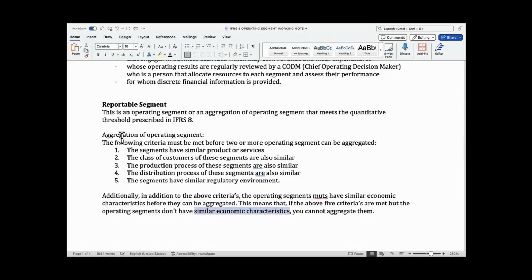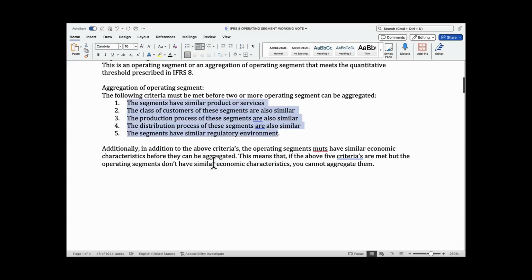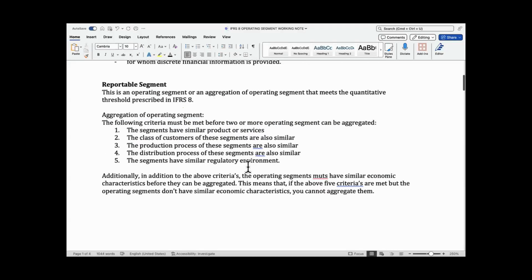These 5 are important, but we expect that they should operate in the same environment. They should be aligned in terms of profitability, performance, inflation, and the risk and opportunity that they face as an organization. They have to be aligned. So they need to have similar economic characteristics first. If their economic characteristics are dissimilar, you cannot aggregate.